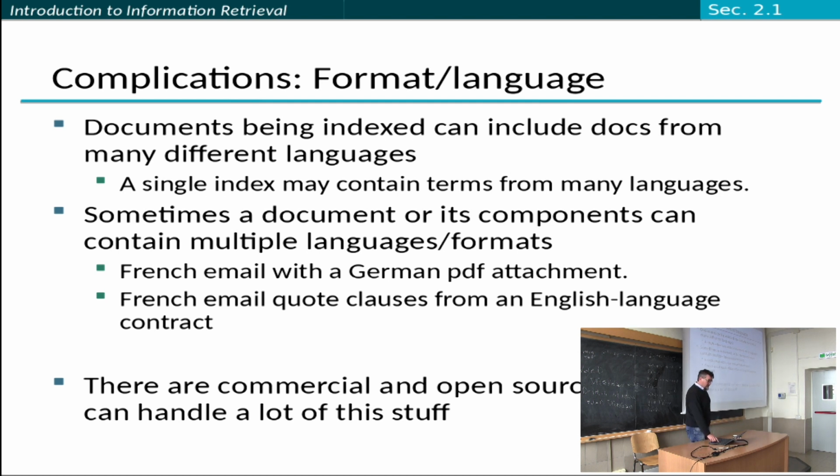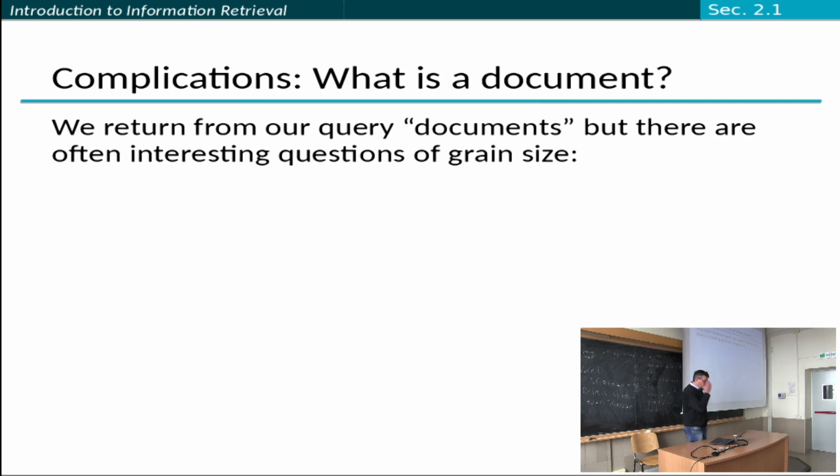Furthermore, if you remember the general architecture we are considering, there is a collection of documents, and a query gives you a number of documents that are relevant for that query. But what is the grain size?